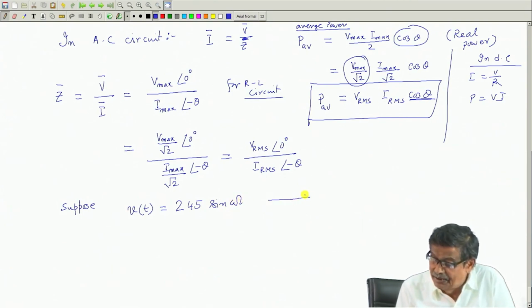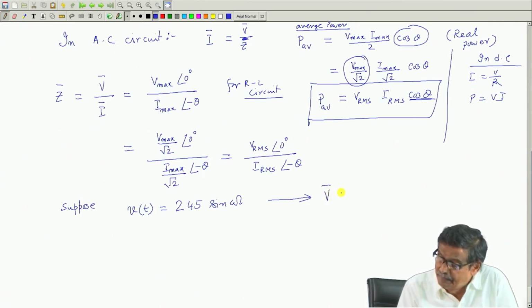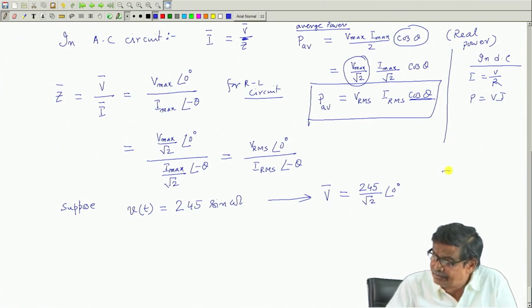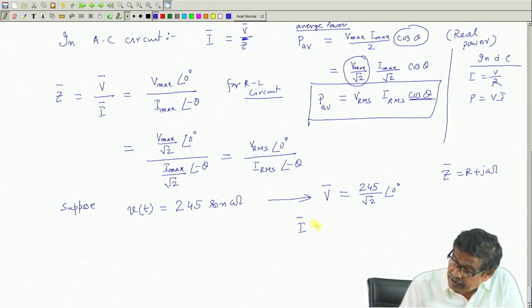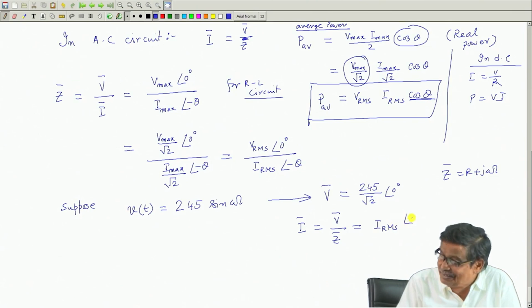Then while telling in terms of phasors, V bar I will henceforth take its RMS value, that is 245 by root 2 angle 0 degree. Z bar does not change, it is equal to R plus j omega L. So, I will calculate Z bar. Then if you calculate I bar from this, V bar by Z bar, you will get obviously I RMS angle minus theta.